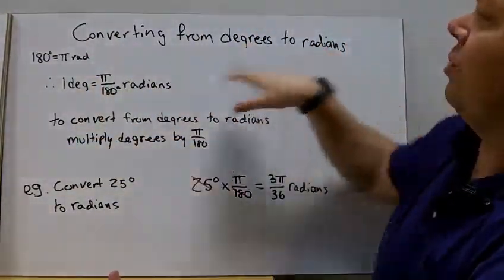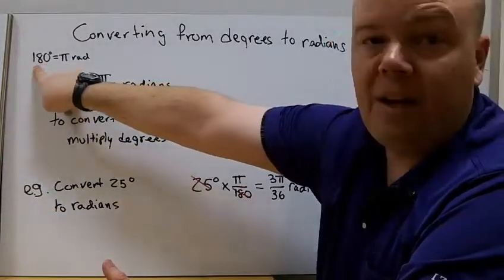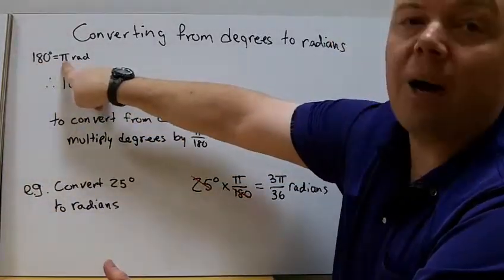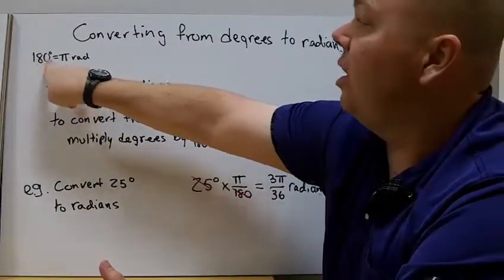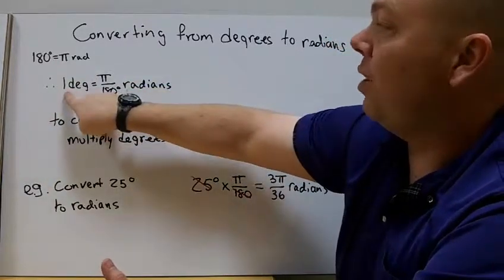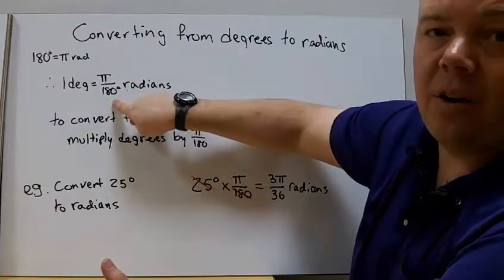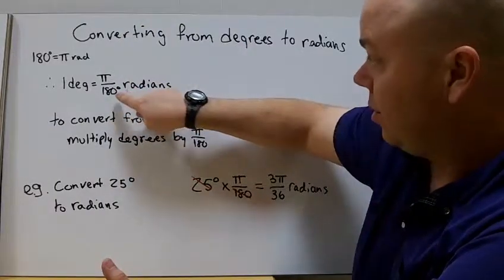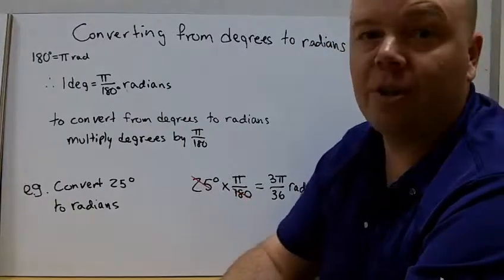Converting from degrees to radians. In the last slide, I showed you that 180 degrees is the same as pi radians. If you divide both sides by 180 degrees, that means that 1 degree would be equal to pi radians over 180 degrees. So that gives us a conversion factor.